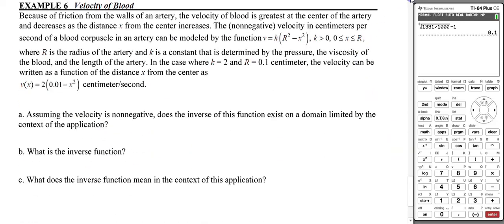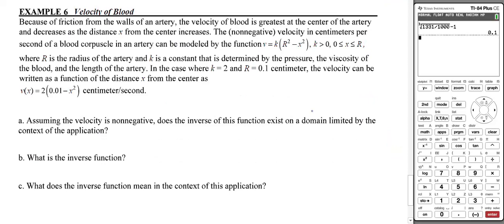Example 6 is concerning the velocity of blood. Because of friction from the walls of an artery, the velocity of blood is greatest at the center of the artery and decreases as the distance x from the center increases.